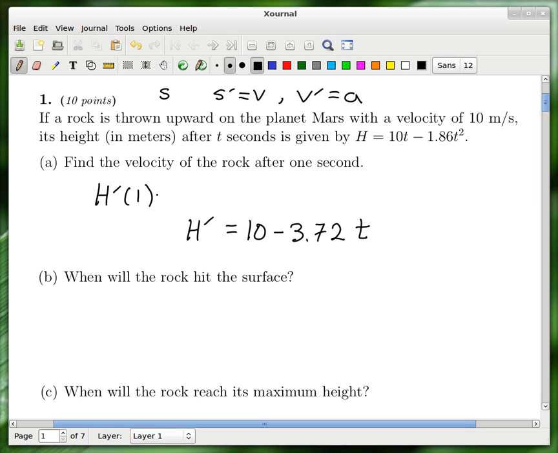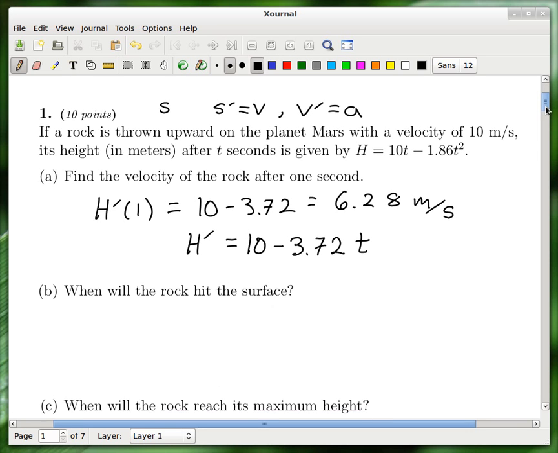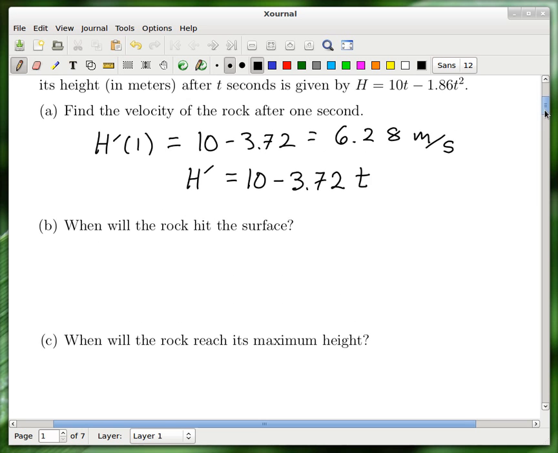So h prime of 1 is just going to be 10 minus 3.72, which is 6.28. And what are the units there? That is meters per second. It's kind of fun to think about what's physically happening. At first, the person threw the rock up at 10 meters per second, and then it's slowing down the whole time, right? So it's eventually going to have zero velocity going up when it reaches its maximum height.